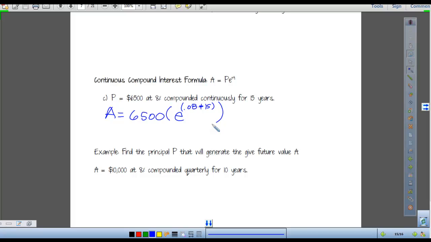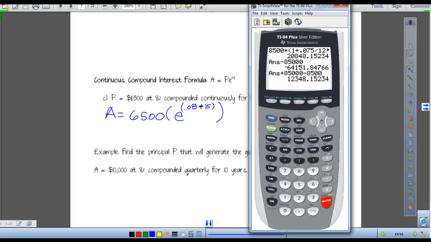And so on my calculator, I've got e to the x here on my natural log key, the ln key. I also have just e without any exponent built into it on the division key. So either one of those would work. But we're going to do 6,500, okay, times e.